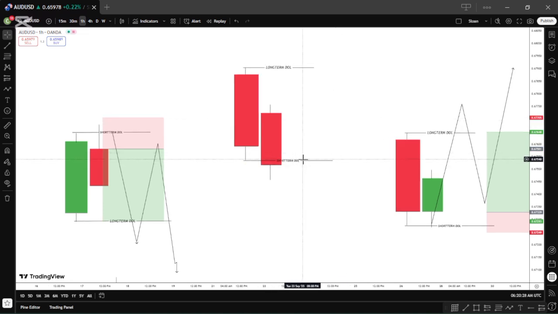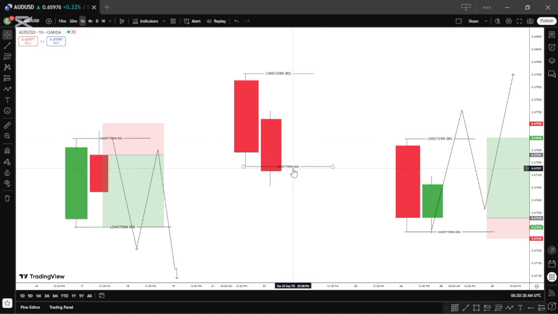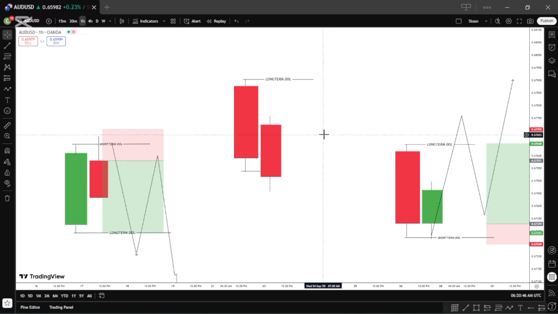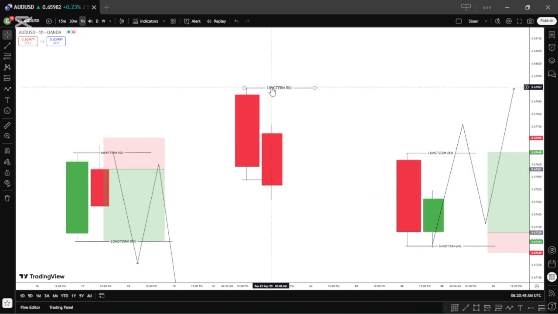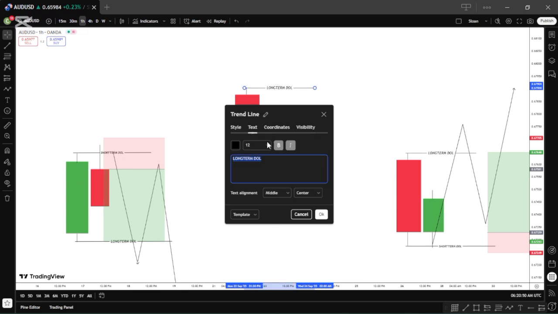When you see this now, eventually what it's trying to say is this zone has not been violated. The reason why it has not been violated is because the market closed below the zone, basically showing us that yes, the market is still in motion of the downtrend. So if this happens, this remains our short-term drawn liquidity.